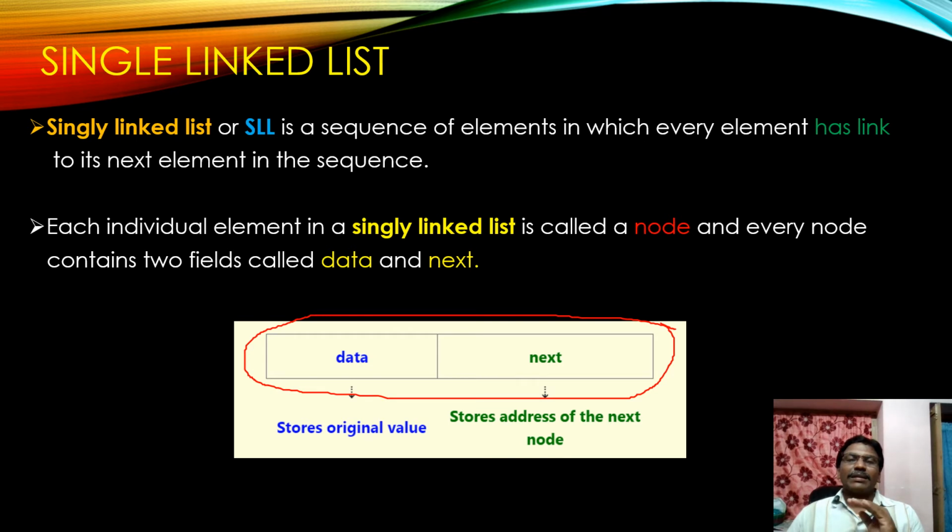Okay. A single linked list node has two parts, data and next. Data is the original data, that is the actual information, and next represents the address of the next node.